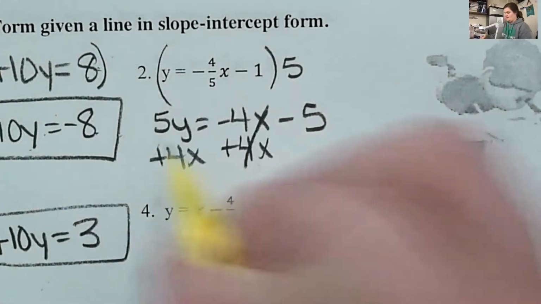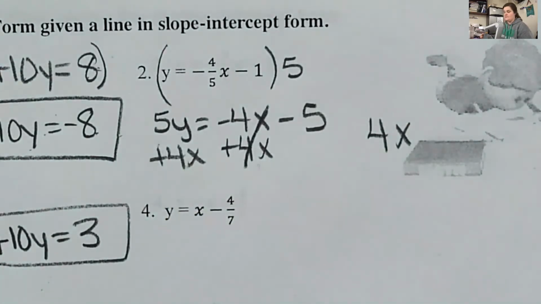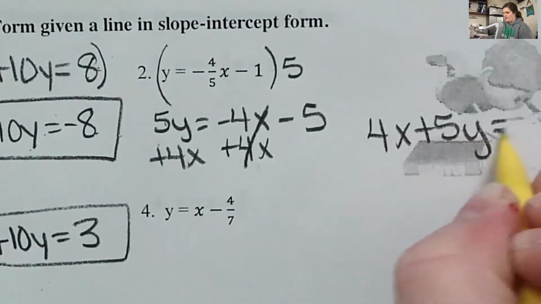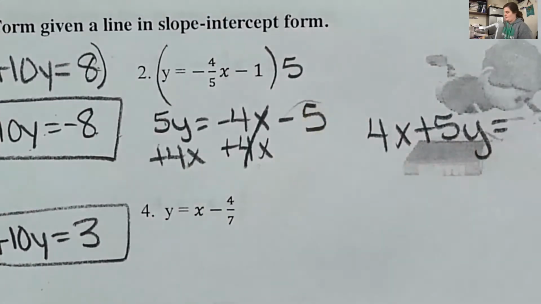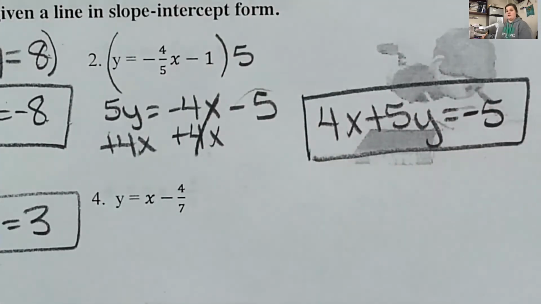I can't put y's and x's together, so I'm going to write the x first, 4x, because it's positive, so I'm going to put the 4x there. And then that's a positive 5y, so I'm going to put plus 5y equals whatever's on this side, negative 5. X and y's are on one side. There are no fractions, and that x is positive.